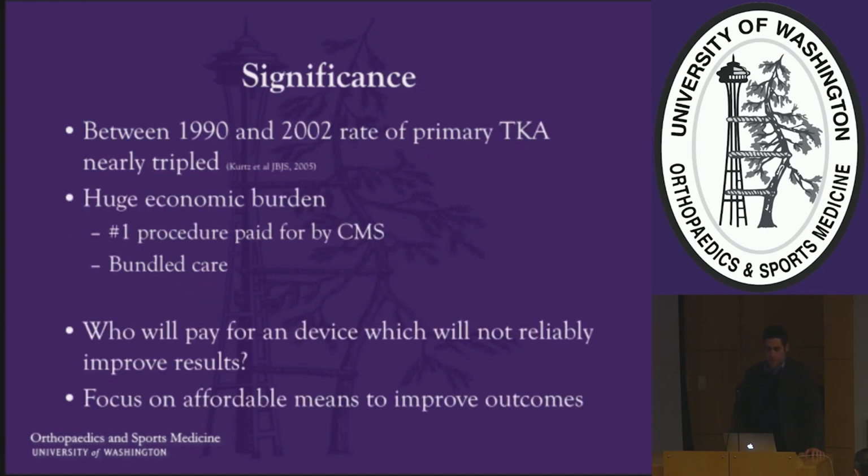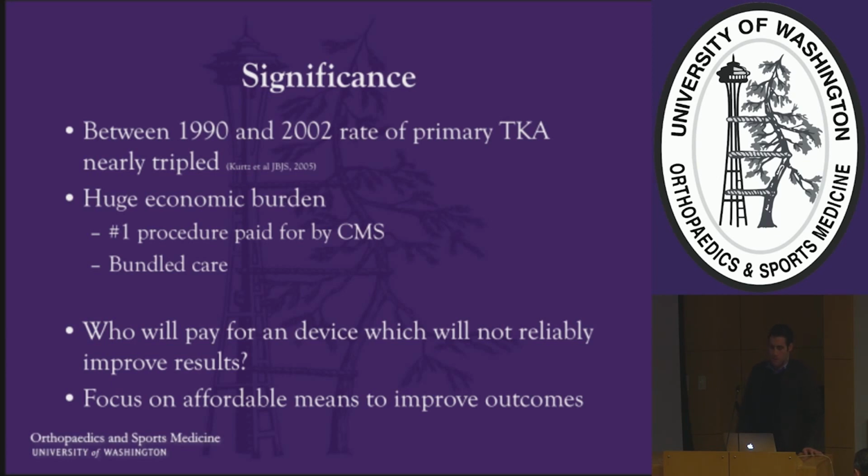And I think the data that I have to support that is really a sort of economic data. The rates of primary total knee arthroplasty have tripled between 1990 and 2002, and they continue to grow. This is a huge economic burden.